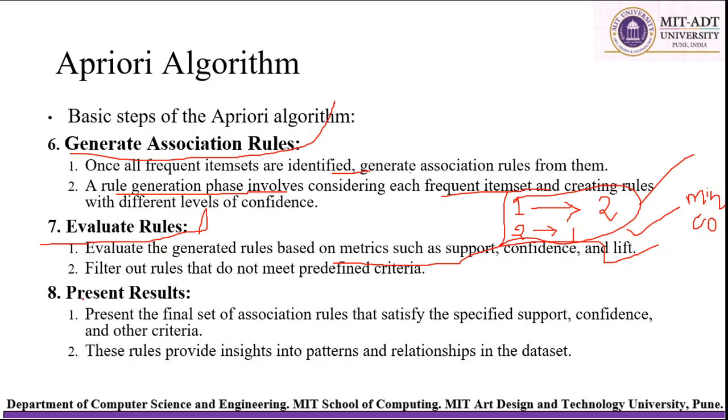So the last step is to present the results. Finally, we have all the association rules satisfying the criteria that you have used, either minimum confidence or minimum support for the rules. So this is how the Apriori algorithm works.